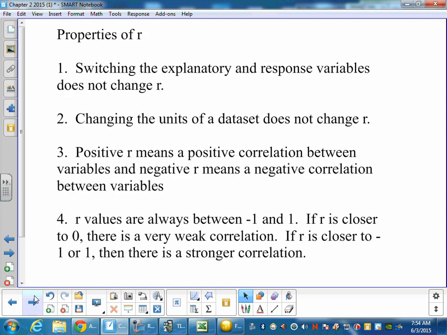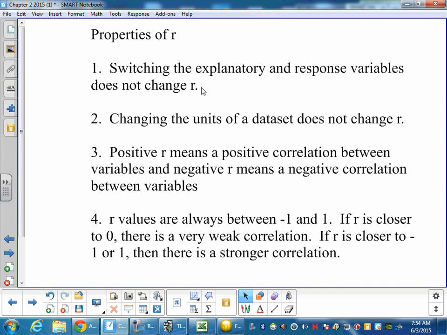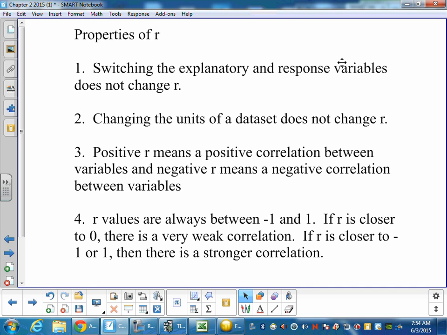Now, there's some properties of R. If we switch the explanatory and response variables, so if we just flip the x and the y values, the R value doesn't change. Also, if we change the units in a data set, that doesn't change R. It's typical for AP to ask a question like if we changed the units from inches to centimeters, how does that affect R?